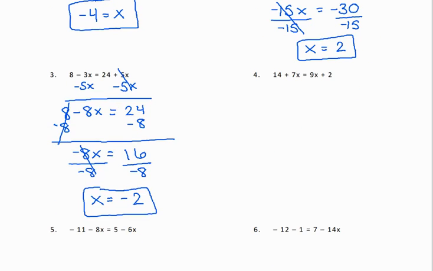So on number 3, if you wanted to add 3x first, you could have done that. So with that being said, your exact steps on your paper may not look exactly like another student's exact steps, but as long as you're using the correct undoing of operations, adding when you're supposed to add, subtracting when you're supposed to subtract, you should still come to the same final outcome.